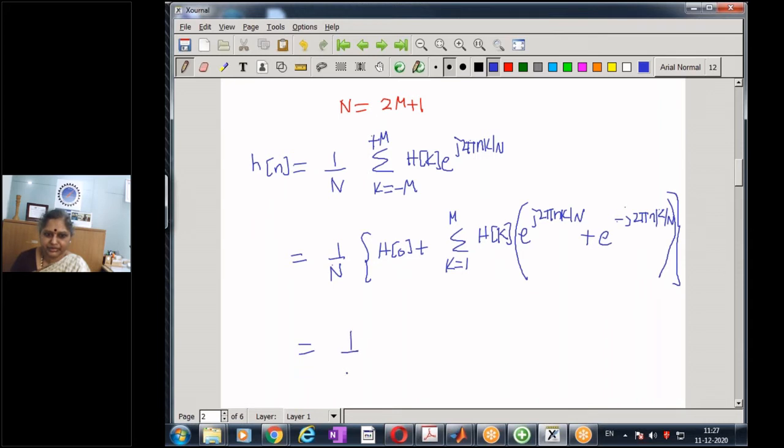Then what happens is I get this as my sample value h of 0 plus this, which I can recognize as a cosine function if I multiply and divide by 2.